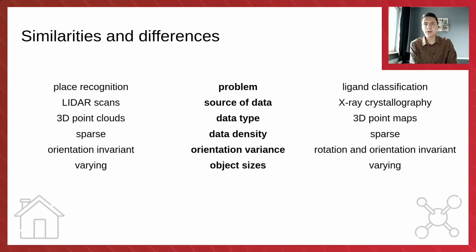Orientation invariance also holds for ligand classification, because ligands can be scanned in different orientations, but the ligand classification model should also be rotation invariant. In other words, the invariance should be observed for 3 dimensions.